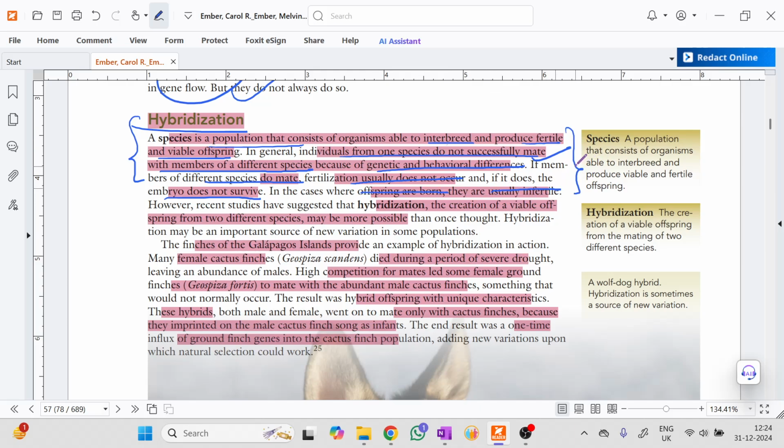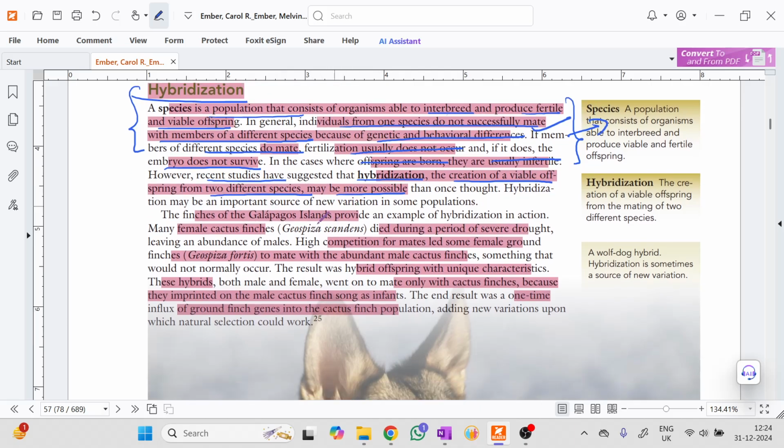So in here, the case is about two similar species. But the species, however similar, are distinct in a way. It means there are some differences on the basic level. But recent studies have suggested that hybridization, the creation of a viable offspring from two different species, can be possible.